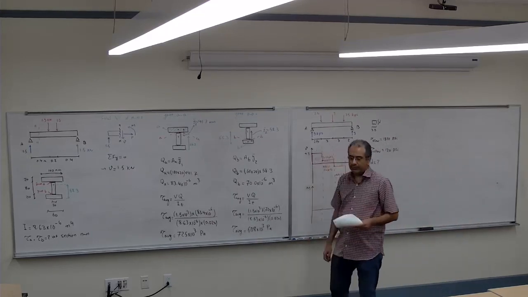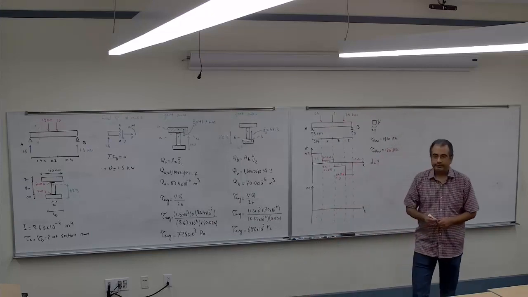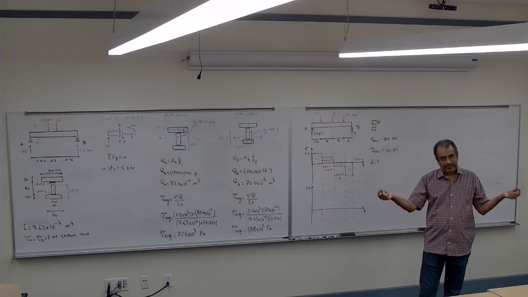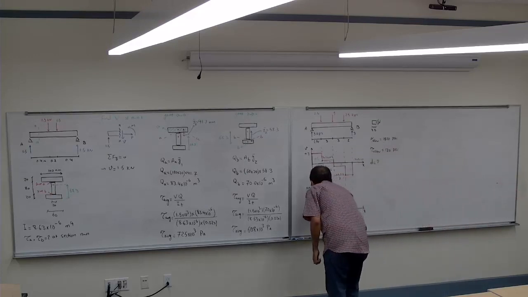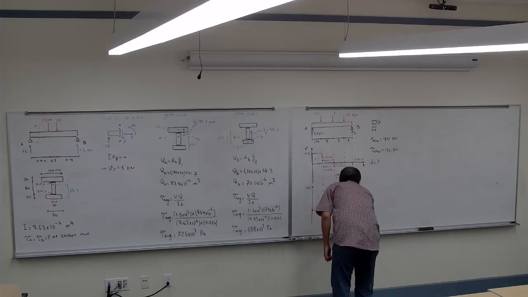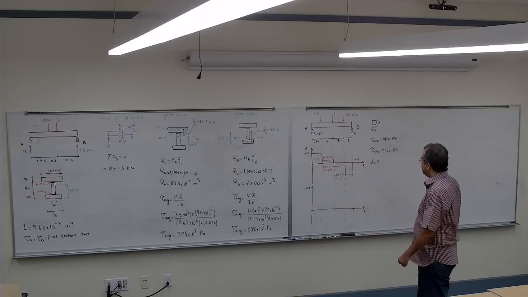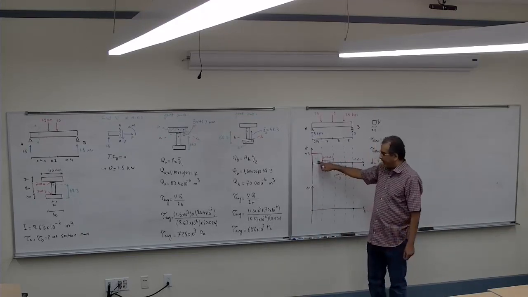So now we get to the moment. How much is the moment at A and at B? 0. With a simple support at the end of the beam, the moment will be 0. So I have to start from 0 and get to 0. That part I know. Next, I'm going from 0, adding 6 to that.